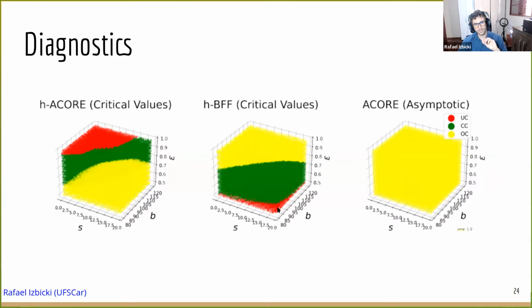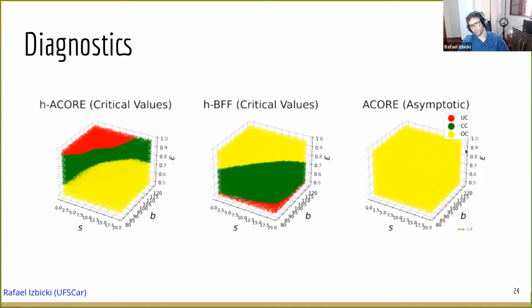So what's interesting about this plot first is that it's showing that BFF is a better choice here because it's not overcovering the whole parameter space as ACOR does, and more than that, it's undercovering, which is the really bad thing, on a very small part of the parameter space, while ACOR is undercovering on a larger part of the parameter space.